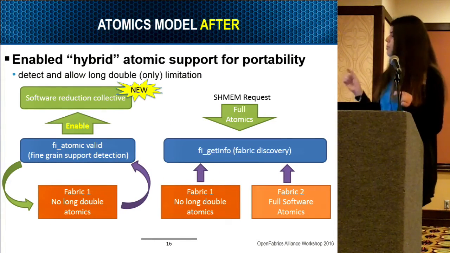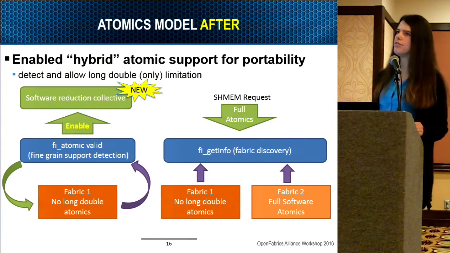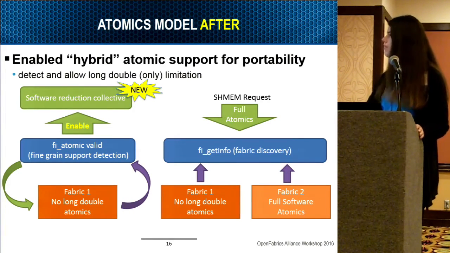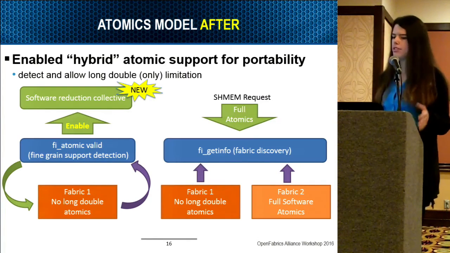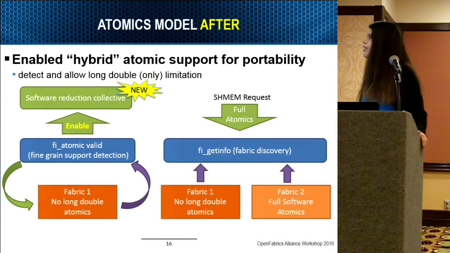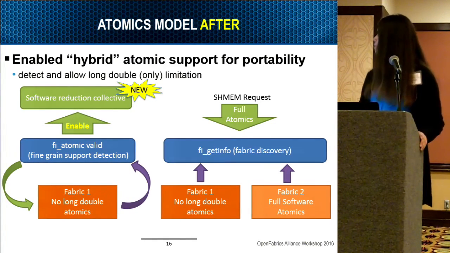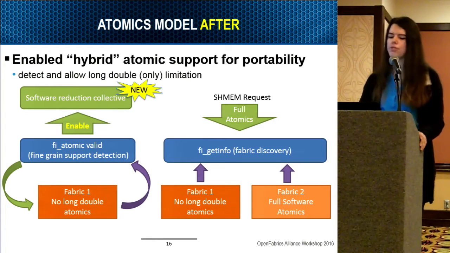Additionally, we found that this particular spot in SHMEM shows up in a collective, the reduction collective, which is heavily used by the SHMEM community, and we thought the performance of a software enabling of this atomic was best suited in a new collective algorithm implementation with software atomics.